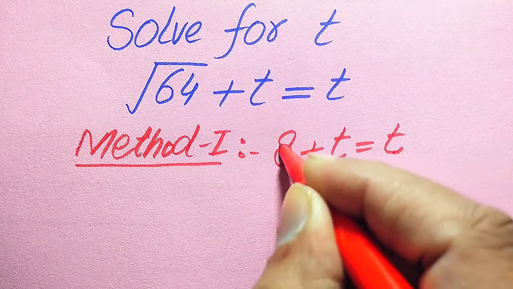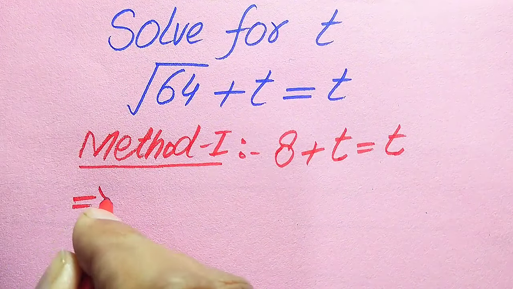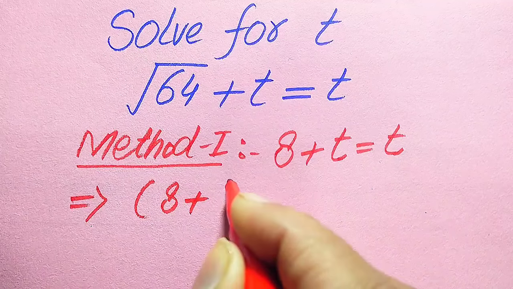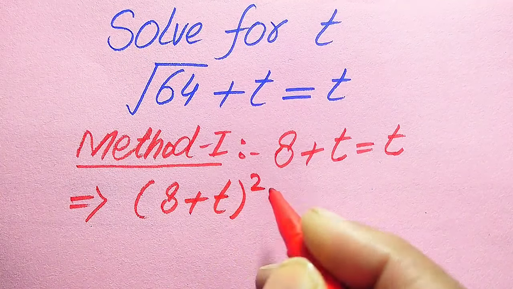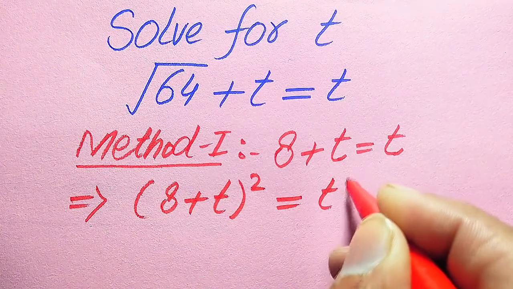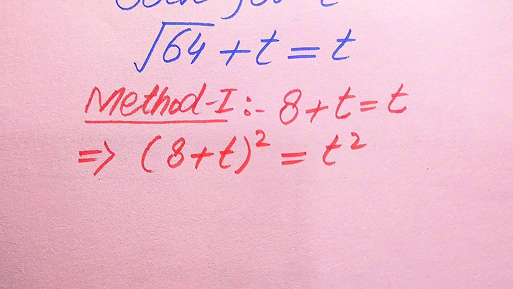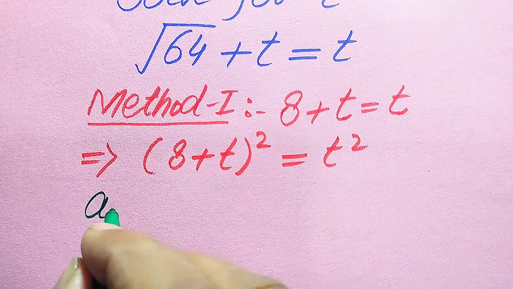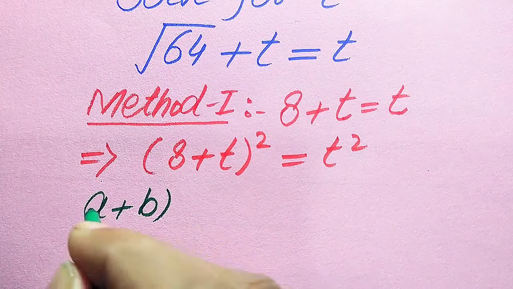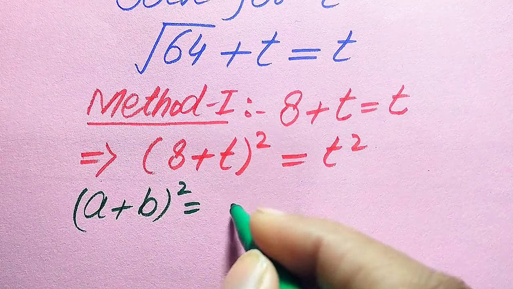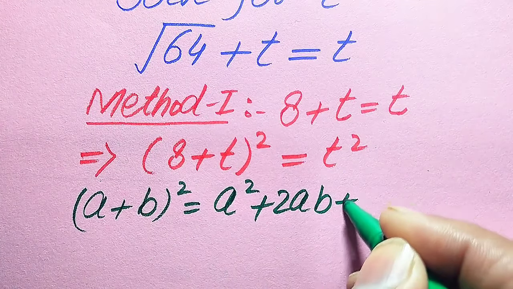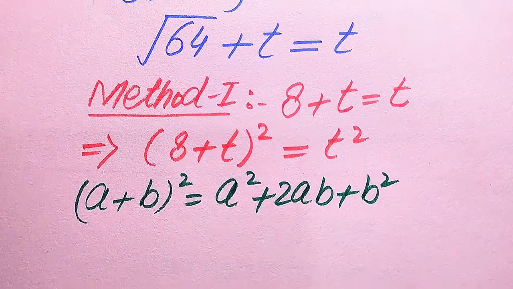Now for the values of t we need to square both sides, so it will be written as 8 plus t whole squared equals t squared. Further, we use the algebraic formula: a plus b whole squared equals a squared plus 2ab plus b squared.